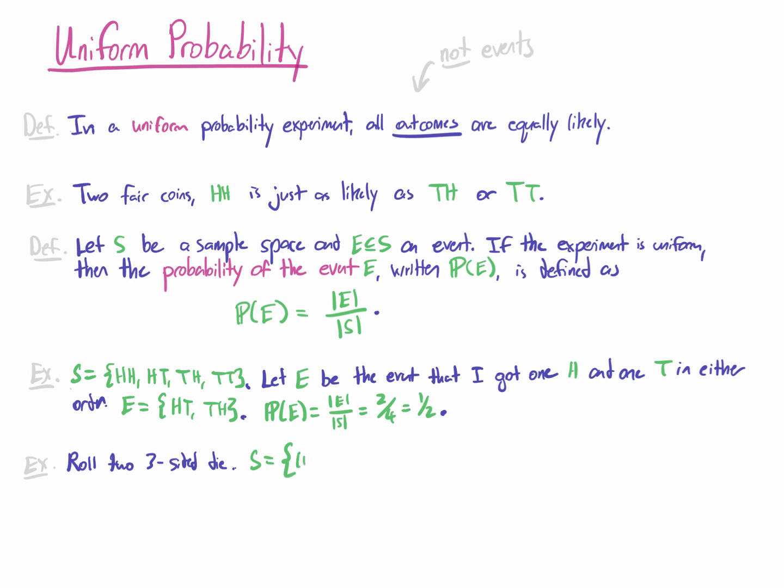I'm going to write all of them out. 1, 1 is one possibility, if I rolled both dice and got 1. 1, 2, 1, 3. Now I have 2, 1, 2, 2, and 2, 3. Now I have 3, 1, 3, 2, and 3, 3. Those are all the elements of my sample space.